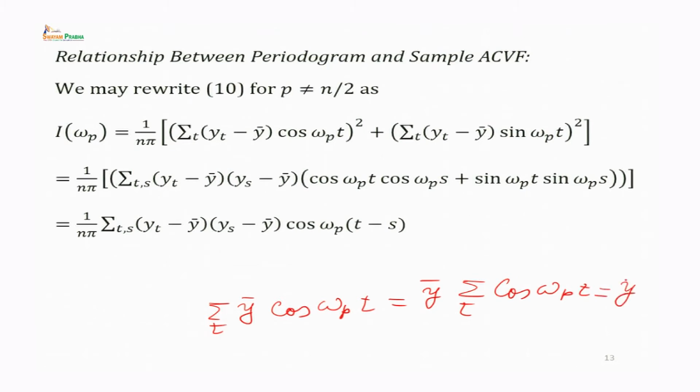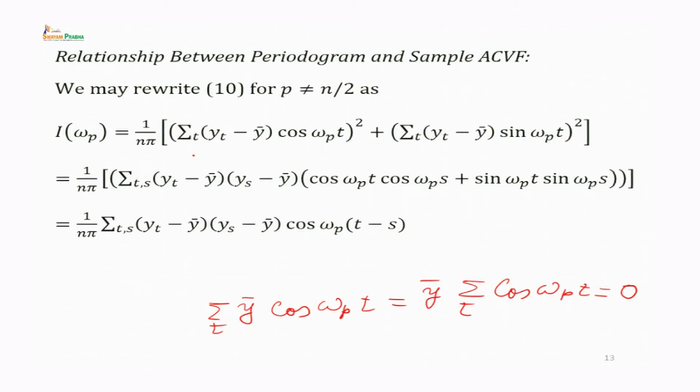So, you get 0 here. Similarly, summation over t y bar sin omega p t is equal to 0.